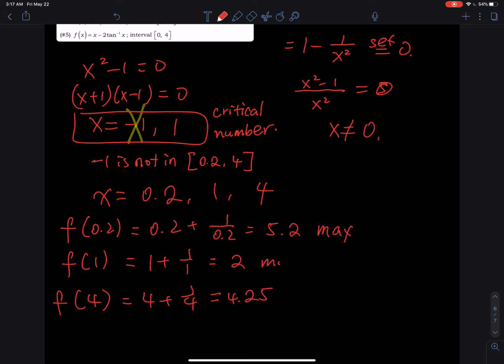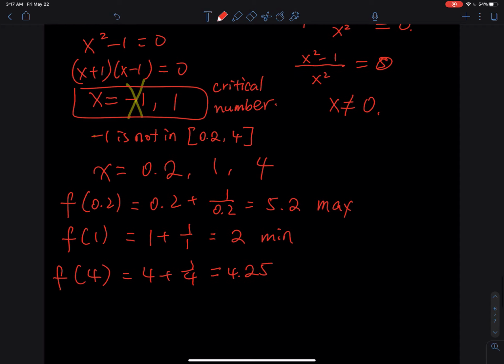I only need the biggest y and the smallest y. So it turns out that (0.2, 5.2) is my absolute max, and then (1, 2) is my absolute minimum.